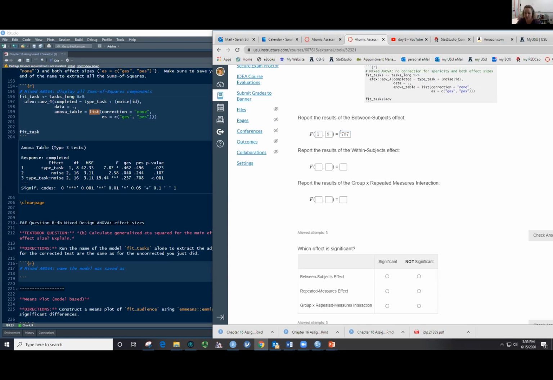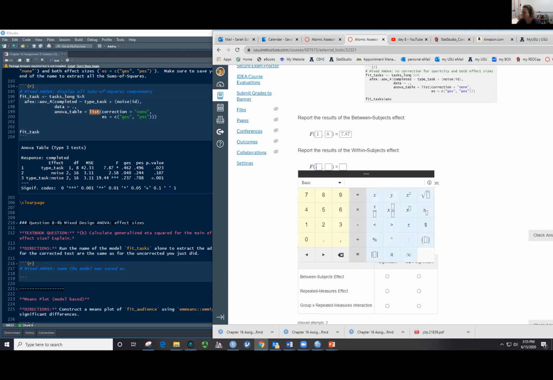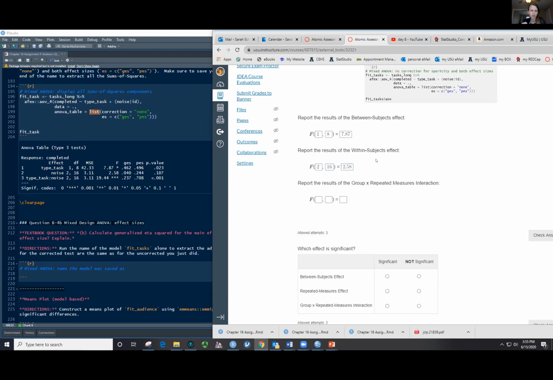Oh, I need a decimal. What's the within subjects factor? The degrees of freedom are 2 and 16, because this is the noise, which we repeated within each subject. And then 2.58. And then the group by repeated measures interaction would be the type of task by noise interaction.